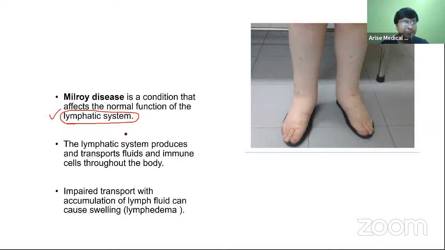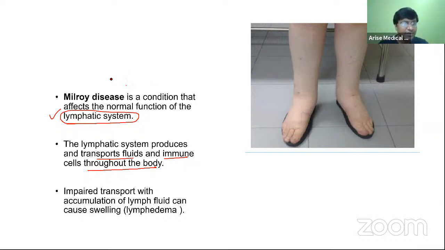So what does the lymphatic system do? The lymphatic system produces and transports the fluid and immune cells throughout the body.